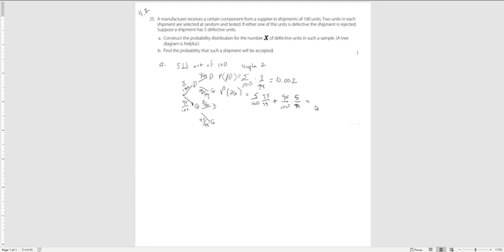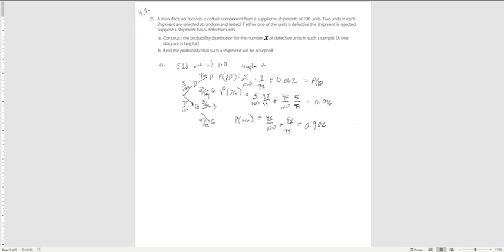And we multiply and add that out, so then we have 0.096. And the probability of good and good, that's going to be 95 over 100 times 94 over 99. And that equals 0.902.